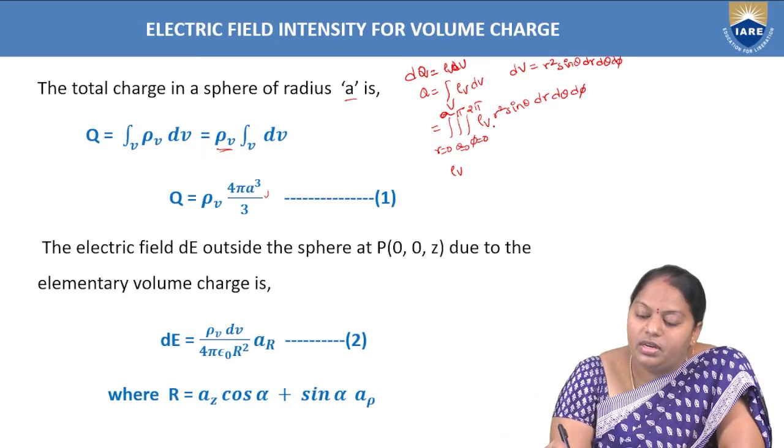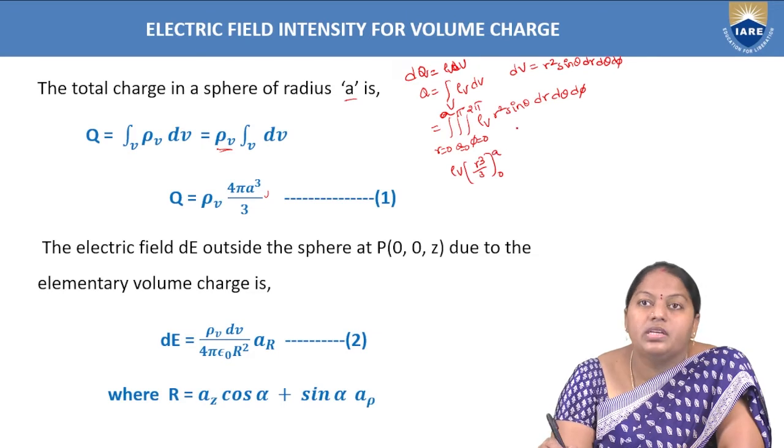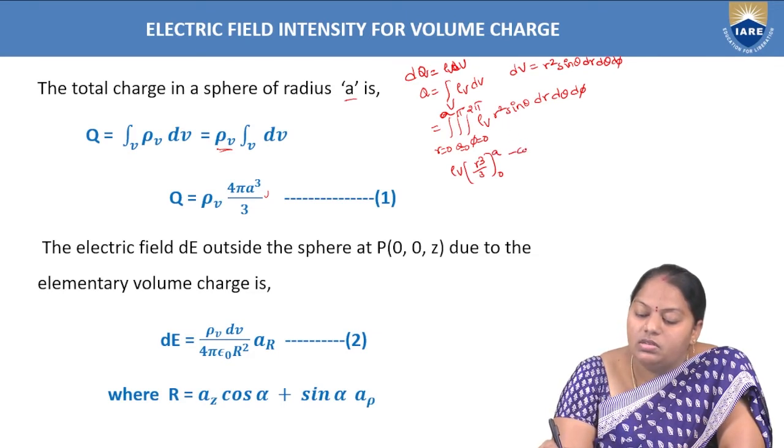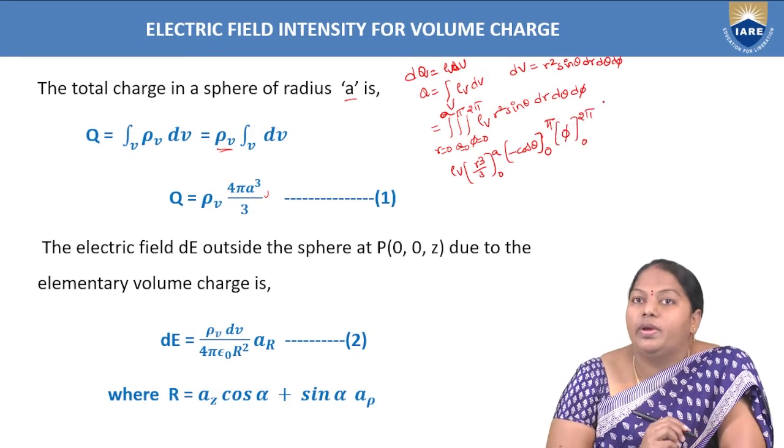First, integrating r square gives r cube by 3, then we substitute 0 to a as the limits. For sin theta, the integration of sin is minus cos theta, with limits 0 to pi. For phi, it is phi, with limits 0 to 2 pi.